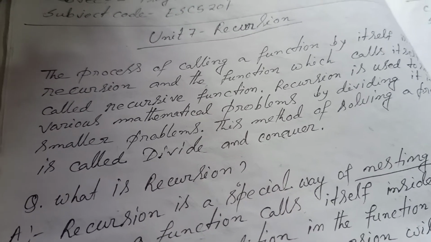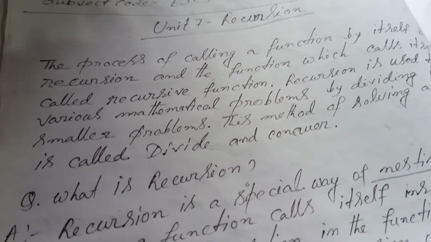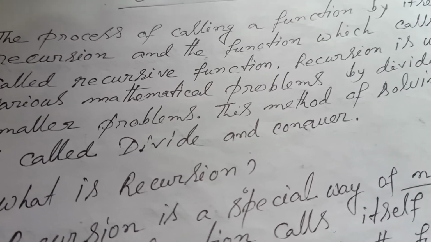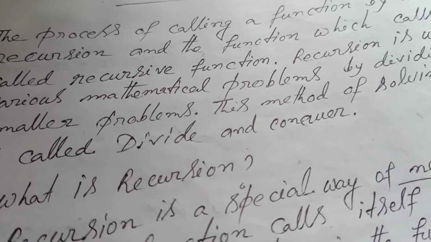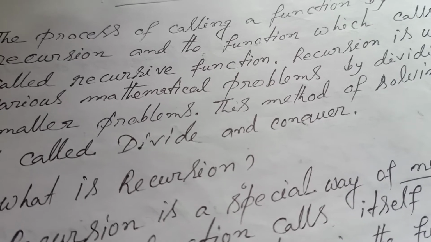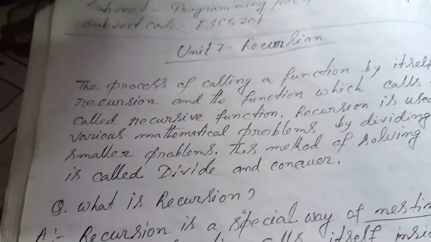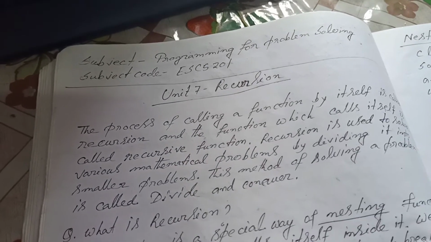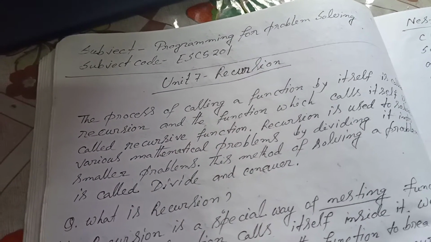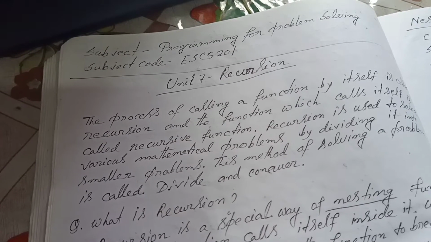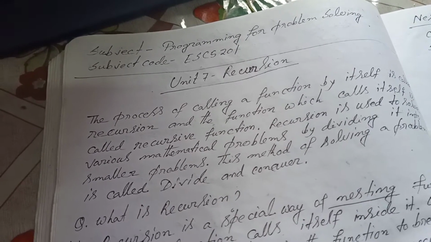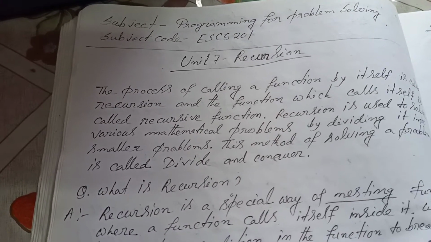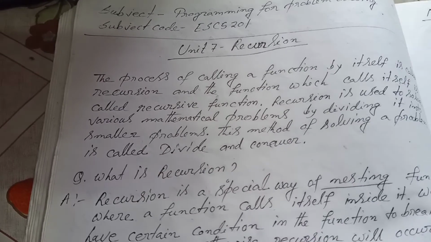So it follows basically the divide and conquer method. Why divide and conquer method? The divide and conquer method is basically to solve that kind of problem where the problem is large, and to solve it easily we divide that problem into small parts, and after solution of all small parts we combine them together to get the ultimate result.